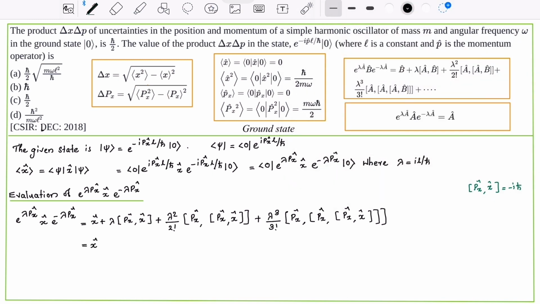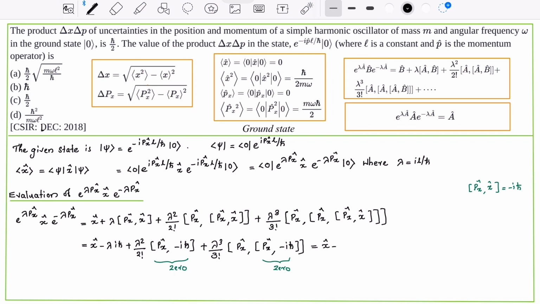Hence the answer is x minus λiħ plus λ²/2! the commutator of px and -iħ plus λ³/3! the commutator of px and the commutator of px and -iħ. The commutator of px and -iħ is 0. Therefore, the second and third terms vanish. Therefore, the answer is x minus λiħ.